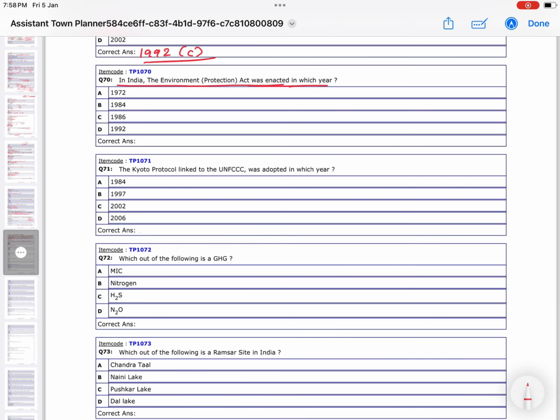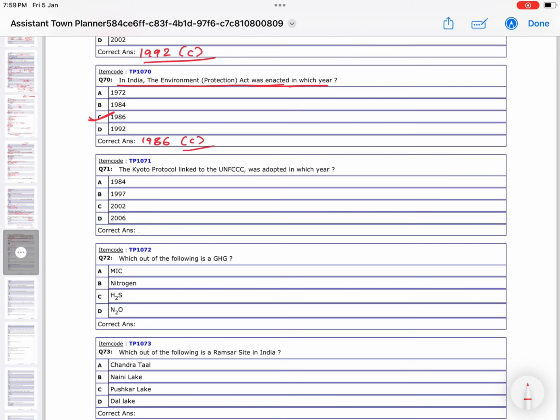There are the Air Pollution Act, Water Pollution Act, and many other acts. You have to remember which year they were formed. The Environment Protection Act was enacted in 1986. Okay, 1986. So C is the correct answer.